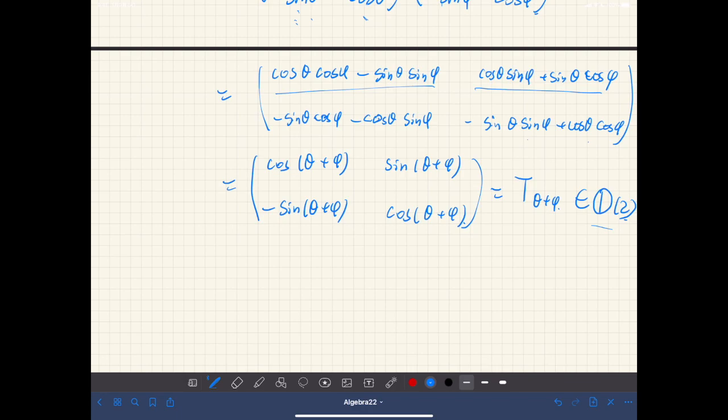And what about the identity element? That is given by T0. That is cosine 0, sine 0, negative sine 0, and cosine 0, which is actually the identity matrix 1, 0, 0, 1.